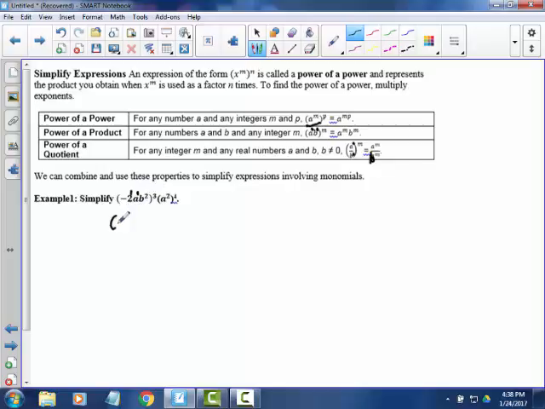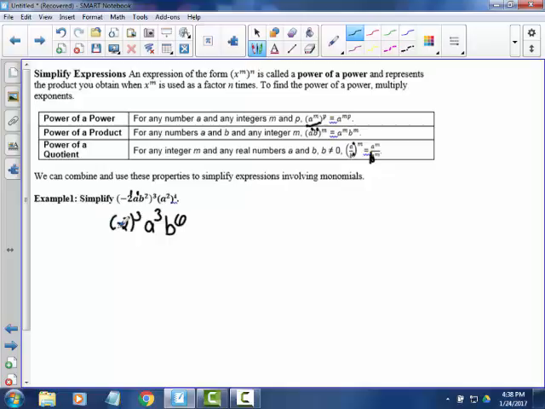So we're going to end up with -2 to the third power, because 1 times 3 is 3. We're going to have A to the third power, again because 1 times 3 is 3. And we're going to have B to the sixth power, because 3 times 2 is 6.